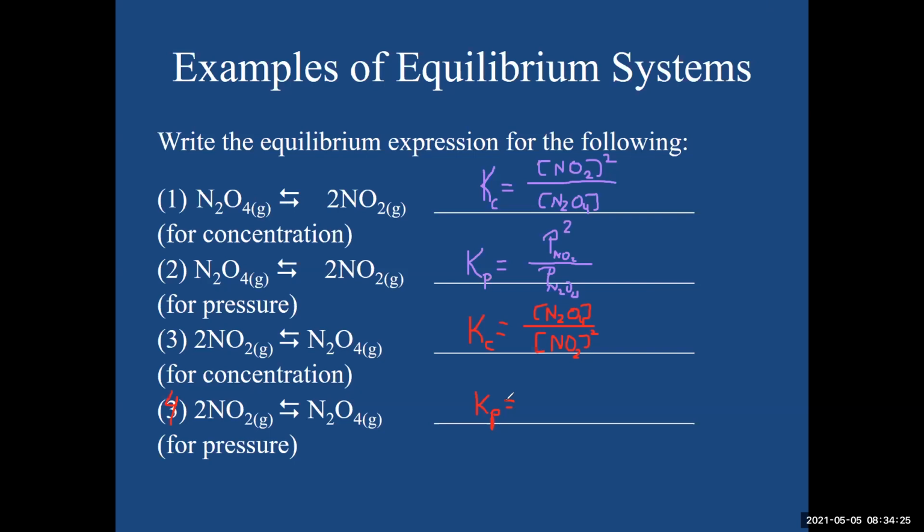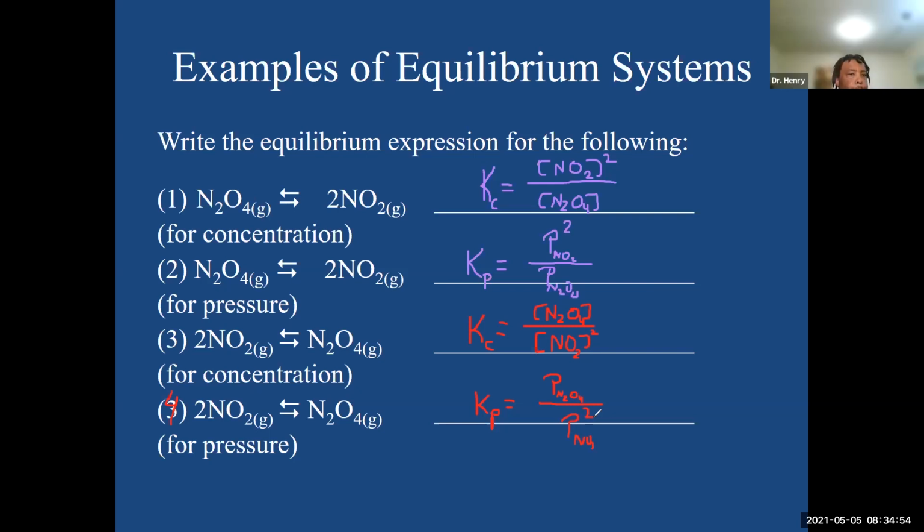And P N2O4 would be on top. Then it would be the PNO2 squared. Okay, piece of cake.